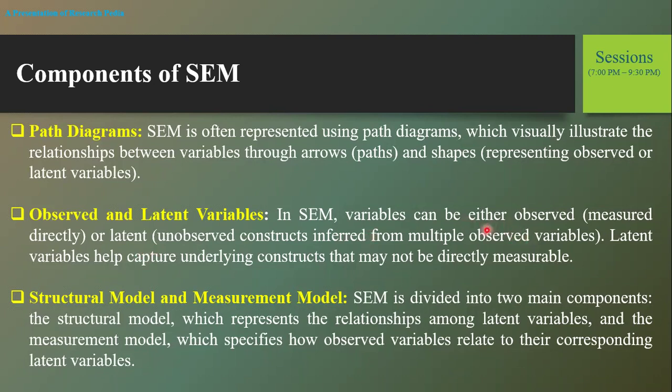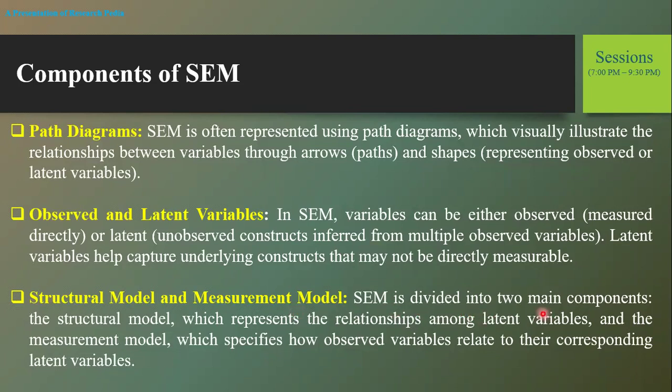But if a variable is measured directly, we can say it is an observed variable. I will explain this concept in much deeper detail in the coming slides. So latent variables help capture underlying constructs that may not be directly measurable. So what do you mean by structural model and measurement model?